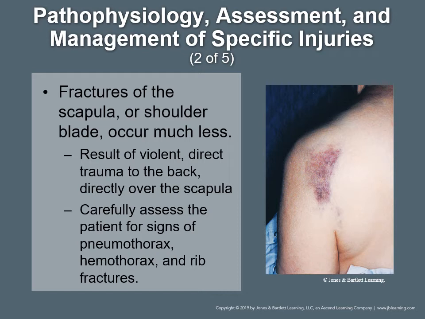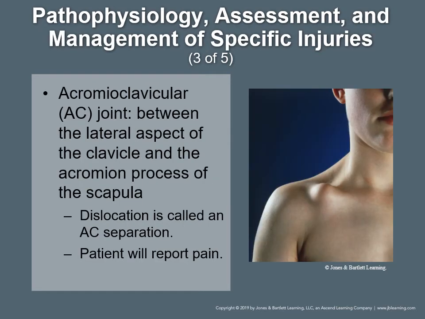Abrasions, contusions, and significant swelling may occur, and the patient will often limit use of the arm because of pain at the fracture site. The scapula has bony projections that may be fractured with a lesser degree of force. The joint between the lateral aspect of the clavicle and the acromion process of the scapula is called the acromioclavicular or AC joint.